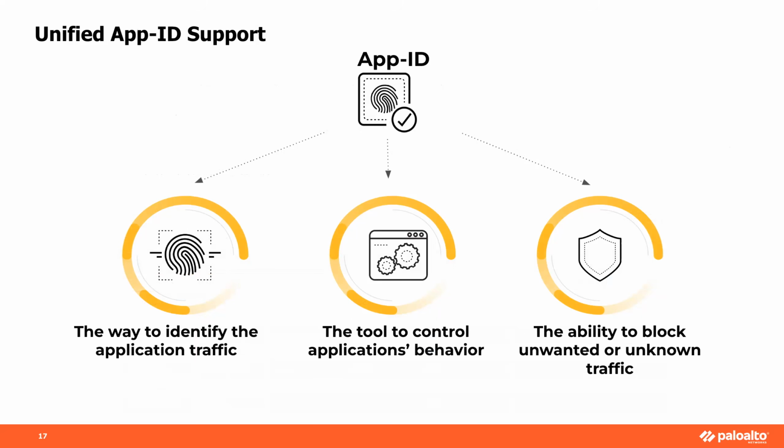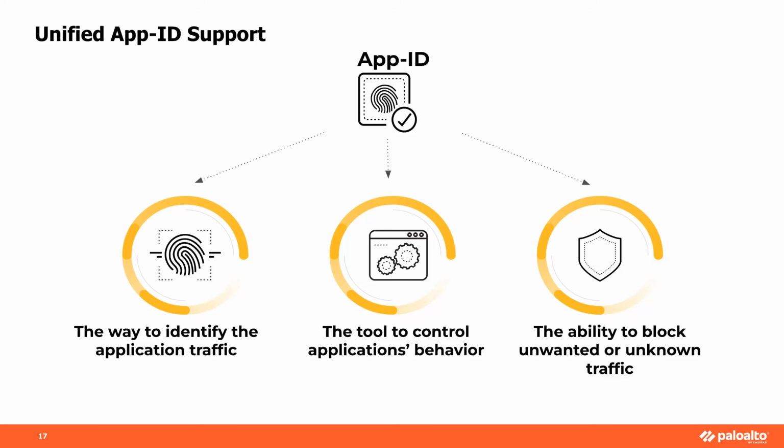With release 6.0, we've extended that application ID set to provide application detection services for a higher number of applications, and also unified the set to be common across PAN-OS and Prisma Access.